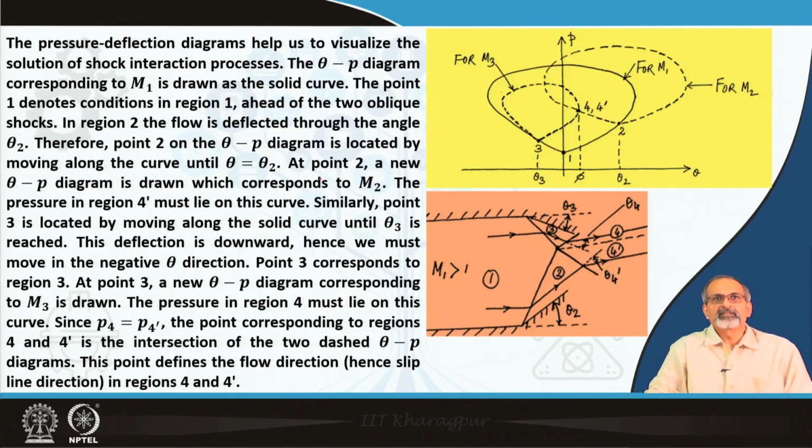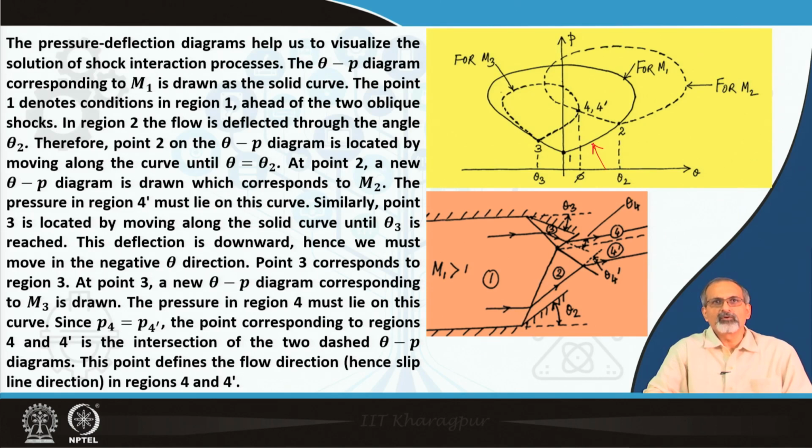The pressure deflection diagrams help us to visualize the solution of shock interaction processes. The theta-p diagram corresponding to M1 is drawn as the solid curve, the one we are talking about over here. The point 1 denotes conditions in region 1 ahead of the two oblique shocks.